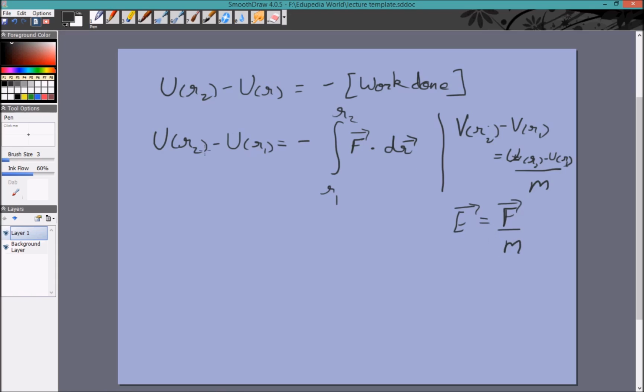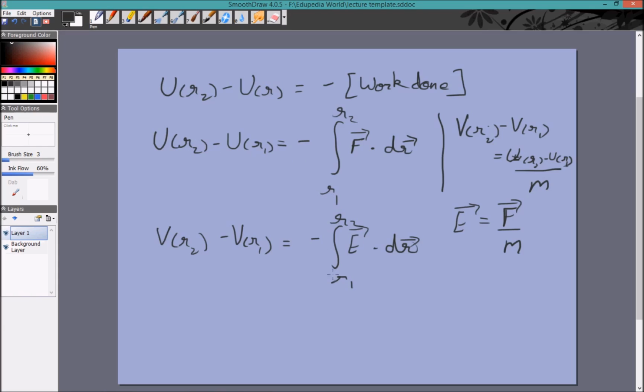Right. So we divide both these quantities by the mass. What we get is V of R2 minus V of R1 is equal to minus integral from R1 to R2 of E dot dr. Right. This is just this whole result divided by the mass.